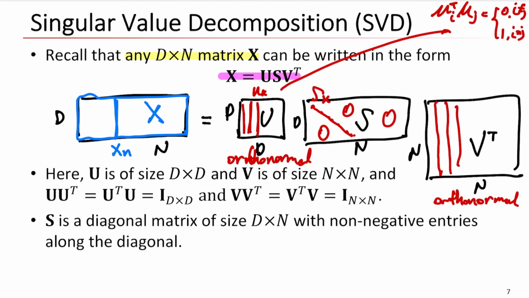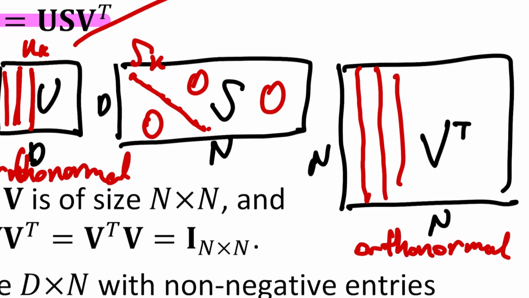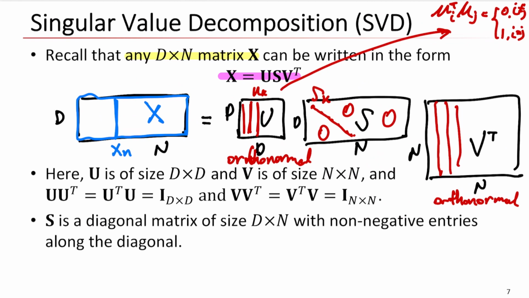This is the property of an orthonormal matrix, and a similar equality is defined for the matrix V transpose. So one property is that the matrices U and V transpose are orthonormal, and the S matrix is diagonal. This is the singular value decomposition method, right?